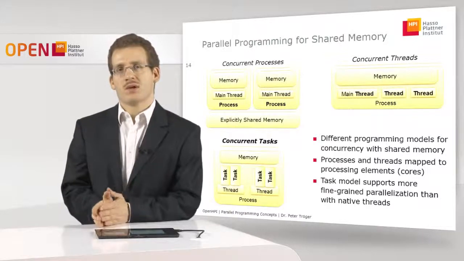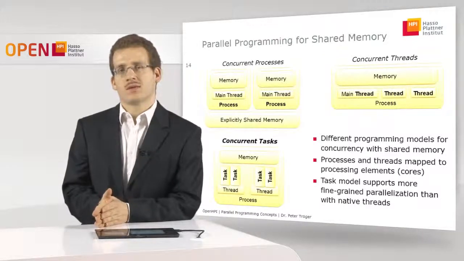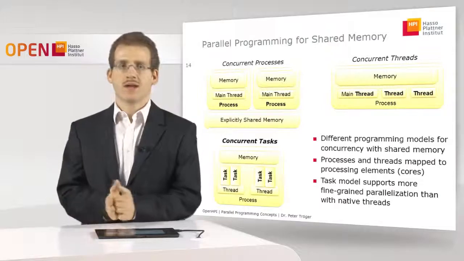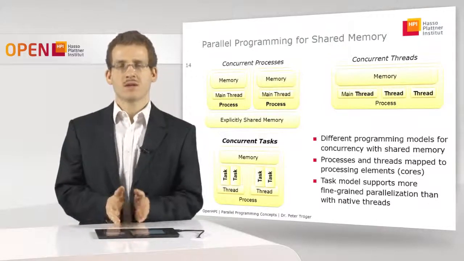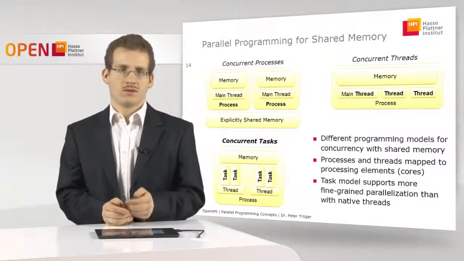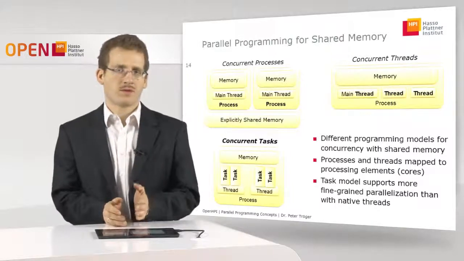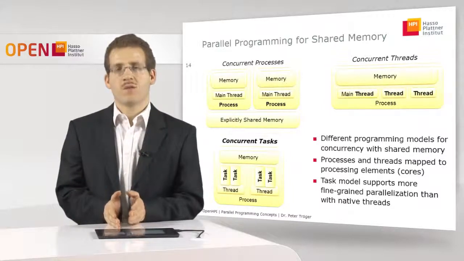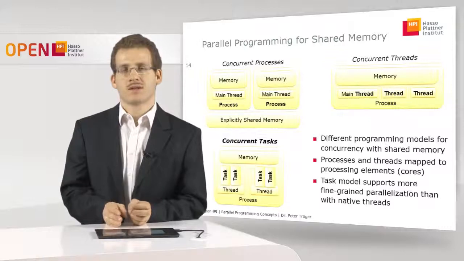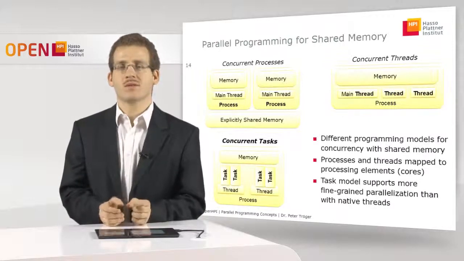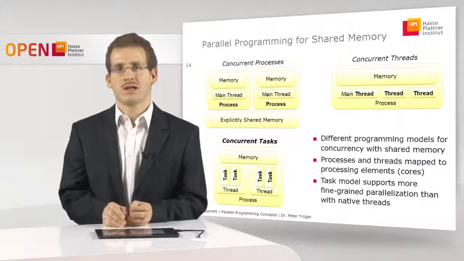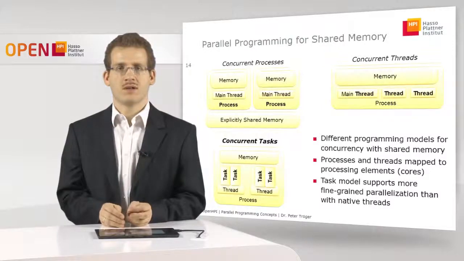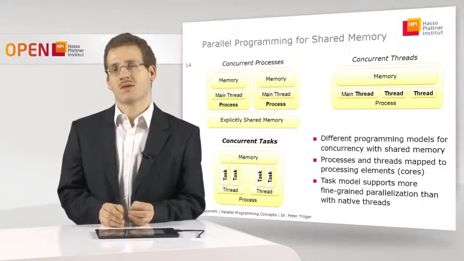The third model we now want to have a look at is concurrent tasks. In the task model, we take the multi-threading model and elaborate it a little bit further by defining more fine-grained activities. So a task in this concept is a piece of work inside your code that is defined to be executable as a concurrent activity.